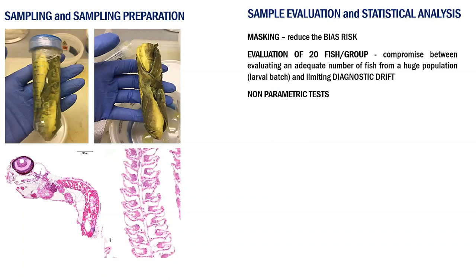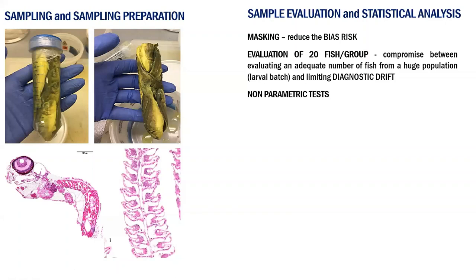I would like to stress again the importance of impeccable histologic quality. It's not possible to receive samples in this condition in the lab and still have high quality histological slides.